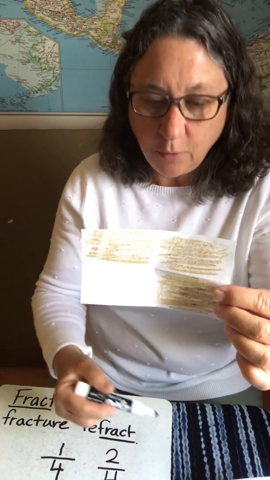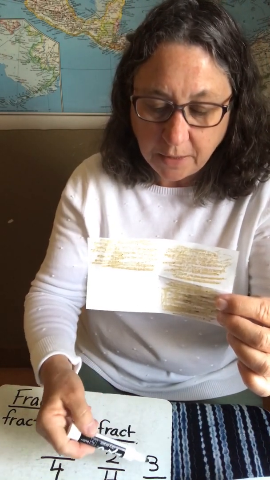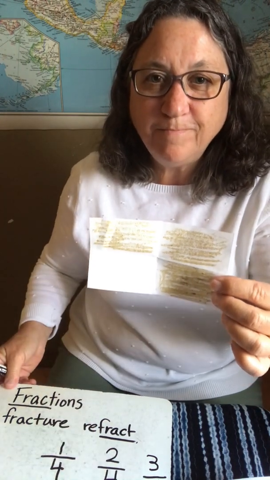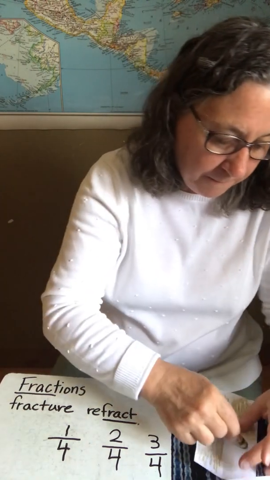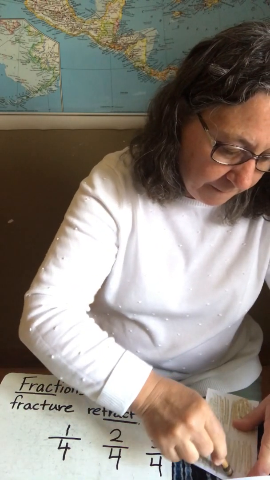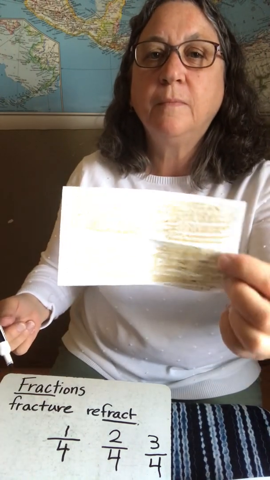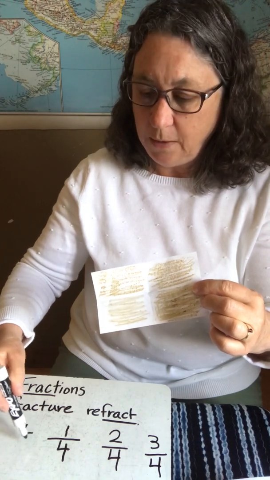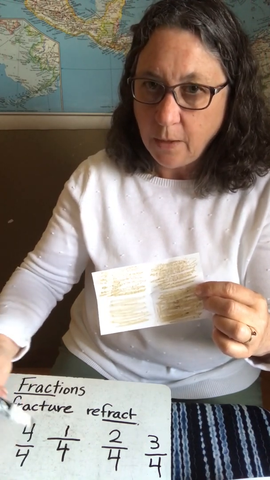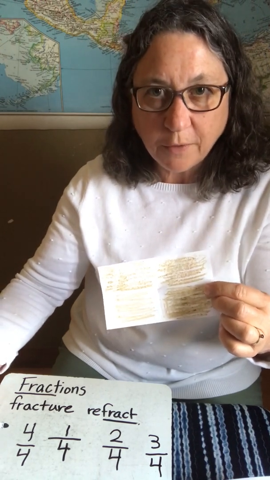So that is known as 3 colored out of 4 pieces. 3/4. That's right. Now, if I color all of them, then that fraction is 4 out of 4. 4 parts are colored out of 4. 4/4.